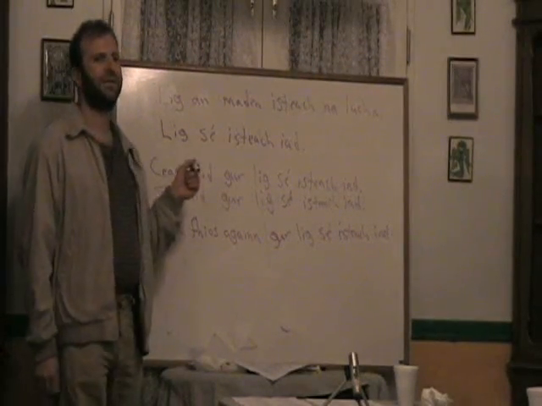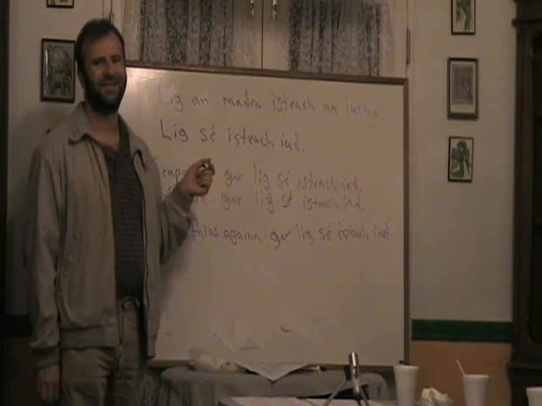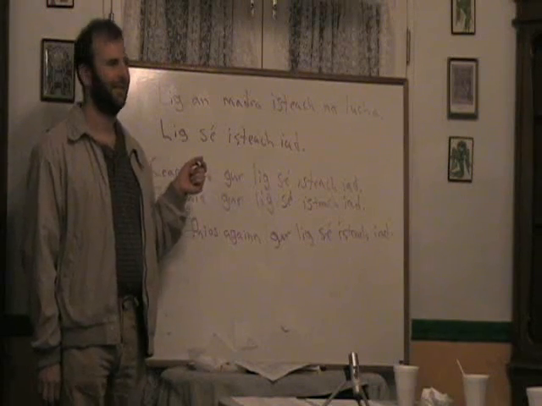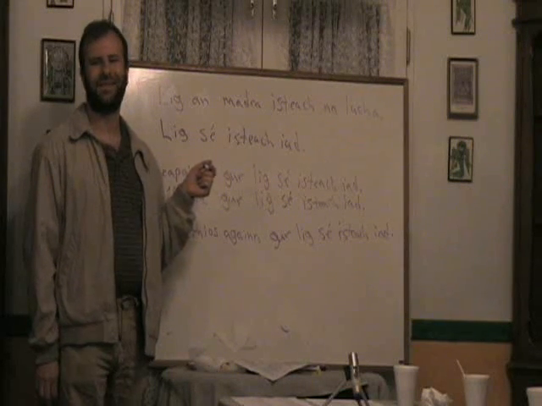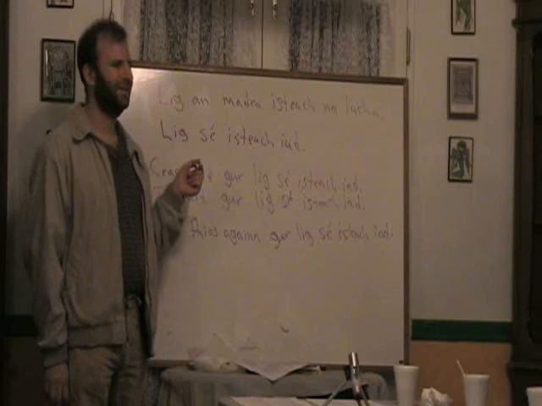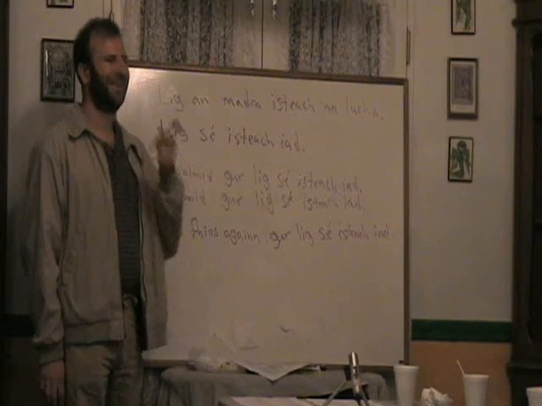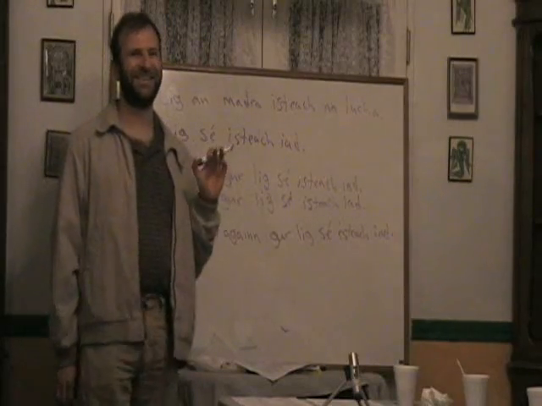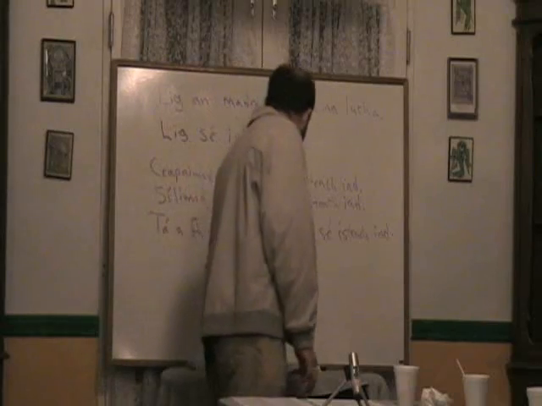Does anyone remember how we say we know that he didn't let them in? It's not nach. Look at your sheet. No. I heard it somewhere. Yeah. You know it. Okay. Nar. Okay.